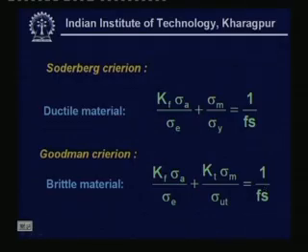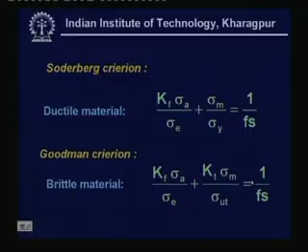Here once again we have written the Soderberg criteria and Goodman criteria considering the factors Kf and Kt, which is coming over in the Goodman criteria. Let us look into this particular feature.